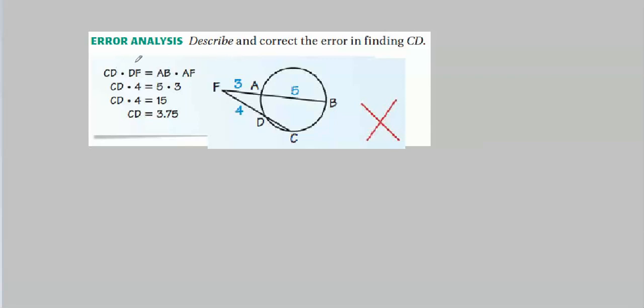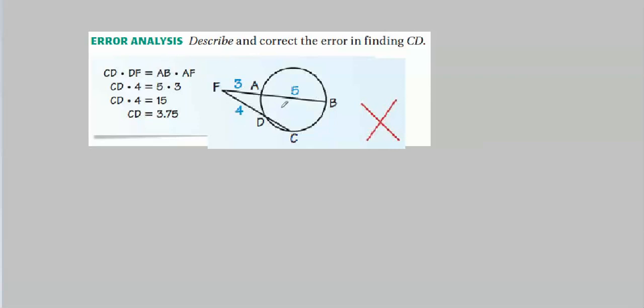CD times DF. Well, here's CD, that's this section, times DF, that's this segment, equals AB times AF. Well, we have a secant segments theorem, but it doesn't say this.